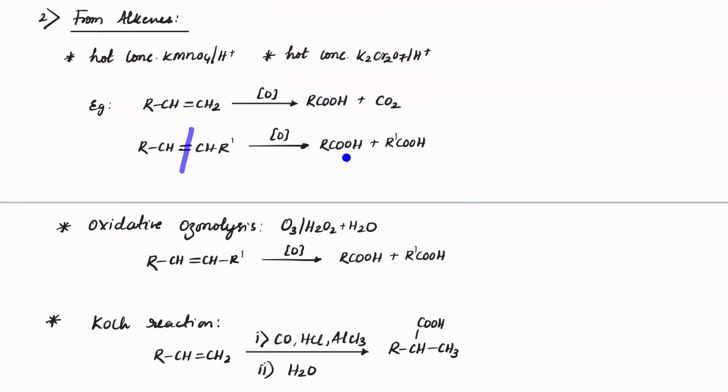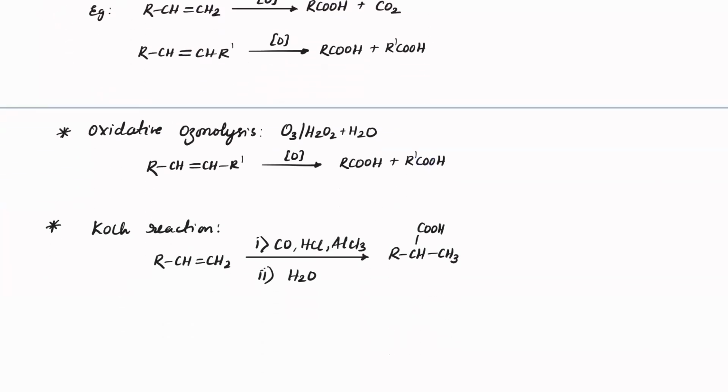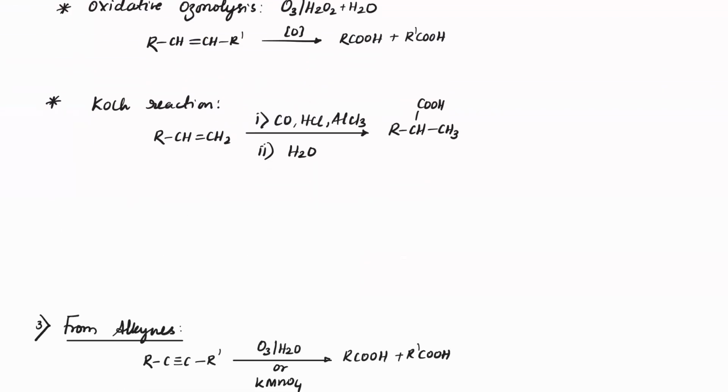So you can see if you break here, you'll get two types of acids. If we are performing oxidative ozonolysis, which includes either water or peroxide, both will convert into acids. Next one is the Koch reaction.